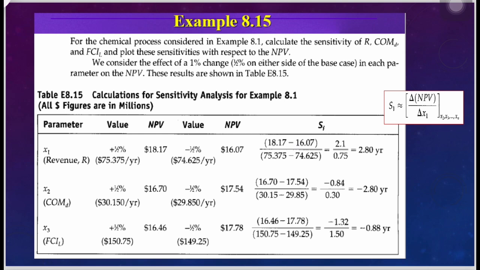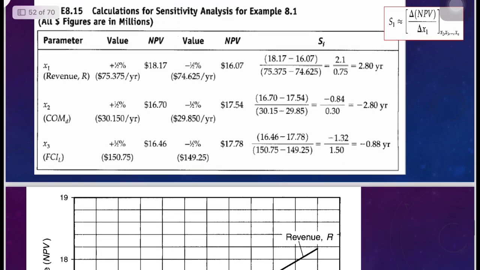We also have the cost of manufacturing, where the S1 is negative 2.8. And for the fixed capital investment, the S1 is negative 0.88. As you can see, this is the effect on the NPV.